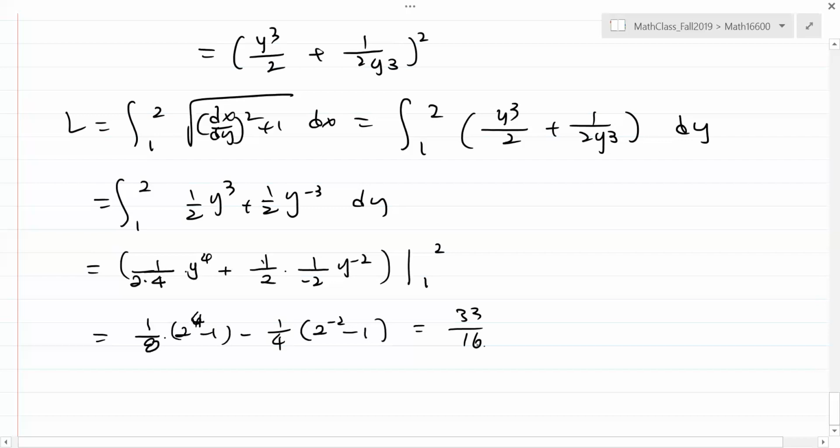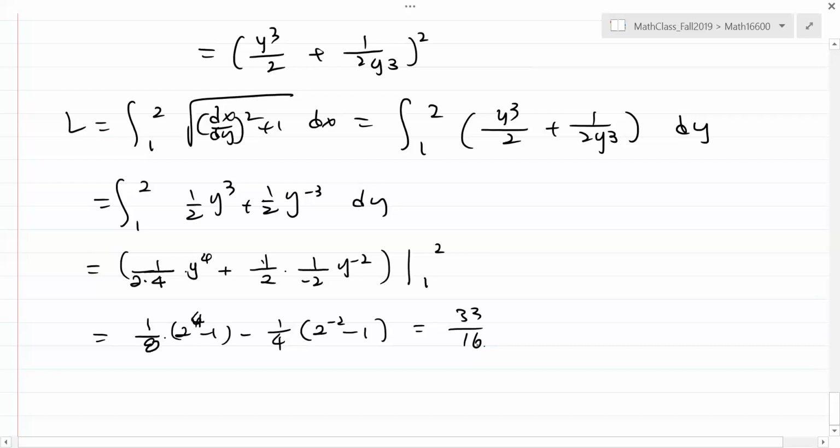Now I'm not going to evaluate integrals. I just want to set up an integral for the length, okay? Because some integrals are really very bad, and some you cannot even evaluate by hand. You have to use a computer to approximate the number.